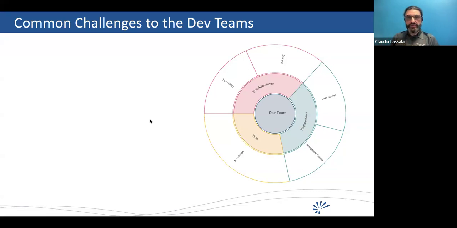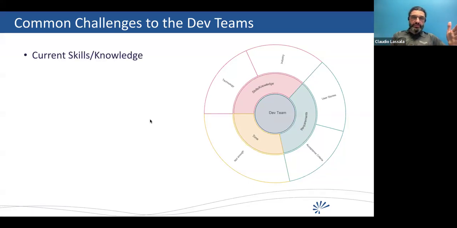As well as acceptance criteria, right? Sometimes developers complain, oh, we don't have enough acceptance criteria, or the acceptance criteria is so detailed that it's very hard to get the big picture behind that. And then last but not least, time, right? We never have enough time to do whatever it is that we need to do.